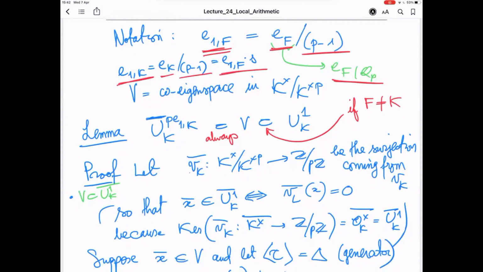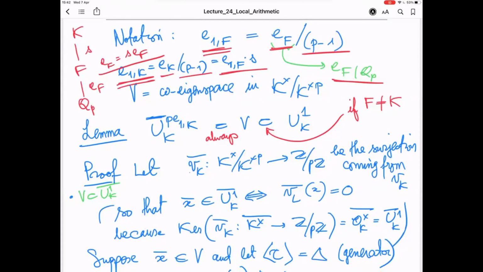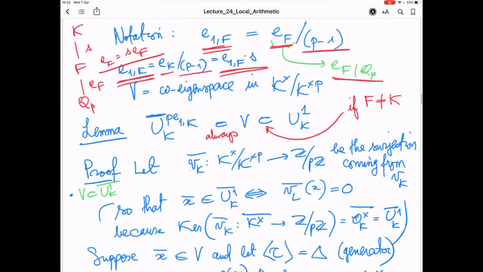And it's E1F times S, because K over F over QP: here EF is the ramification index, and here the ramification index is S. So EK, of course, is equal to S times EF. And when you divide by P minus 1 on both sides, you get E1K is equal to S times E1F.